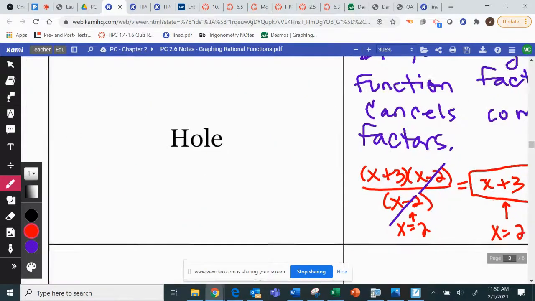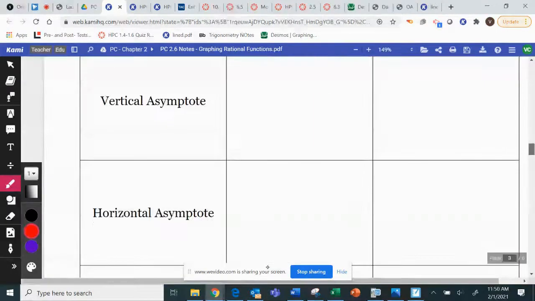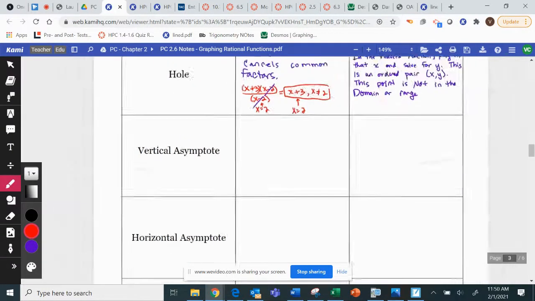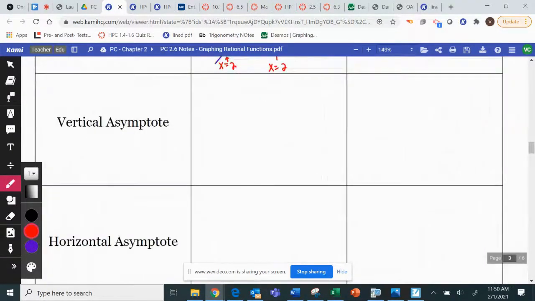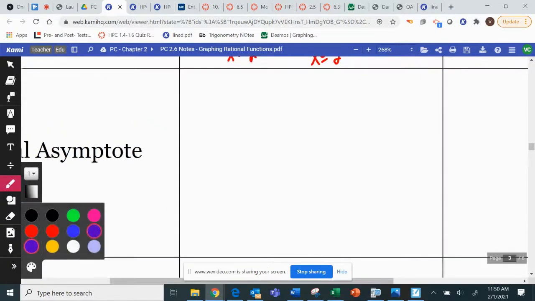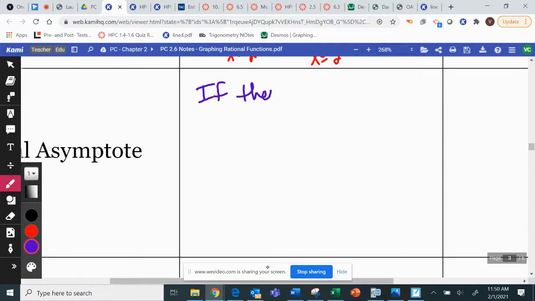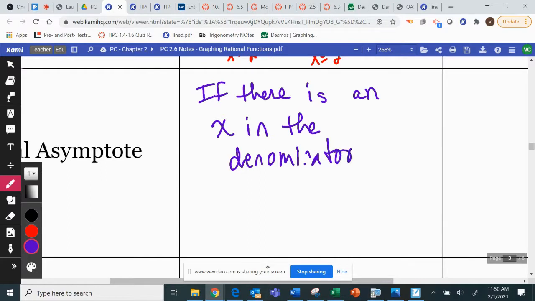All right, so that's the hole. What else do we have here? Vertical asymptote. We kind of went over this already. How to recognize there is one: if there is an x in the denominator, there will be a vertical asymptote. And that's after you cancel common factors.